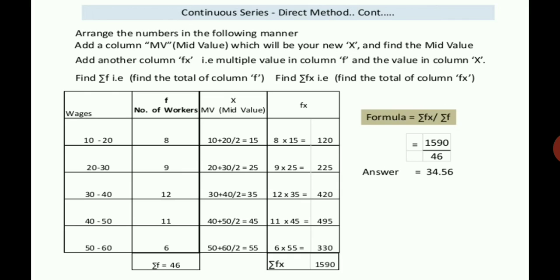So here in the example, the same formula is used as in the discrete series, but we have to put the mid values as a round figure in the x, and the same result comes if we do it by the shortcut method.